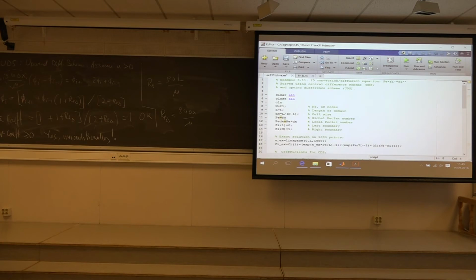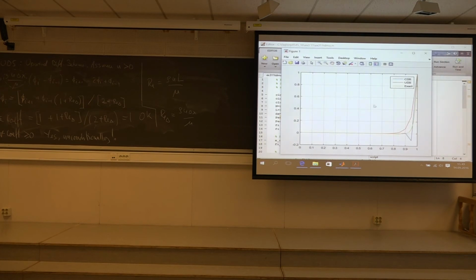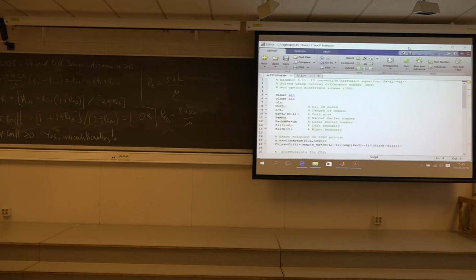I go down to 20 cells. Now what happened? We get some strange results with the central scheme. The Upwind scheme is still smooth and nice, a little bit off from the analytical solution, but still okay.